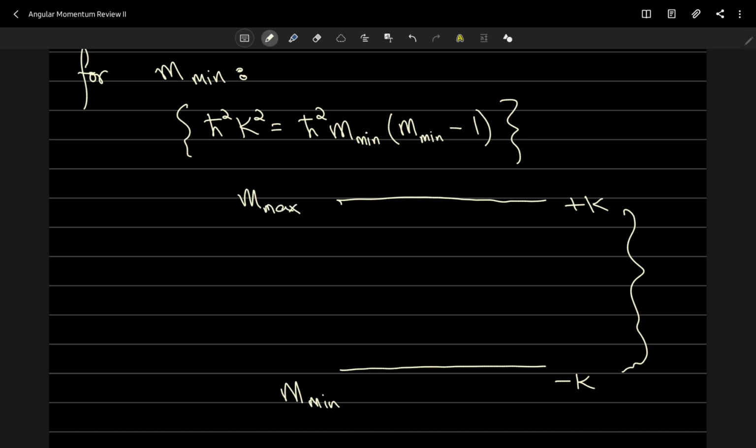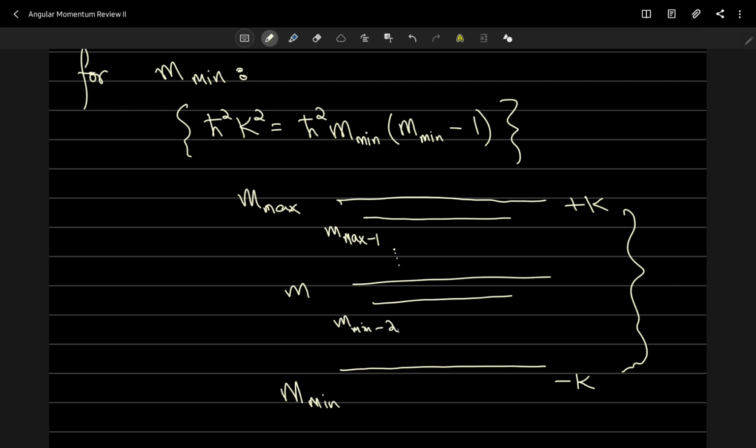And all the other states, for example, over here this would be m max minus 1, and it would keep going until you have some m. So this is m minimum.